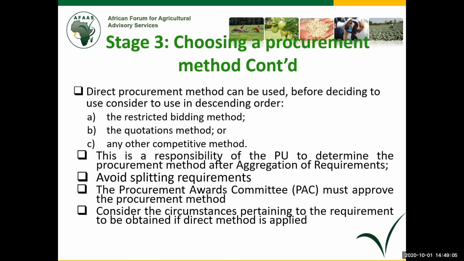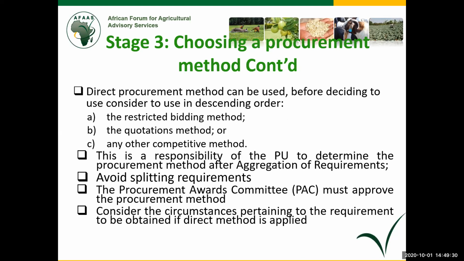In AFAS, we are lucky we have not seen this kind of situation, but if it was a big ministry or a department, you would easily see this. Each small unit looking for its own small stationery, but when you aggregate, you see a lot of money. Then the procurement awards committee is expected to approve the procurement method.